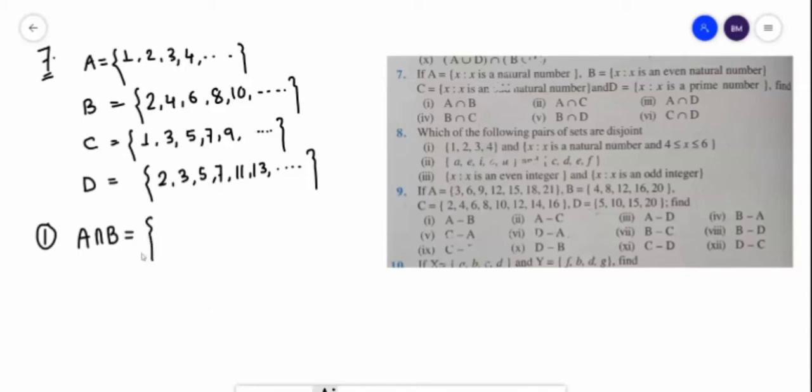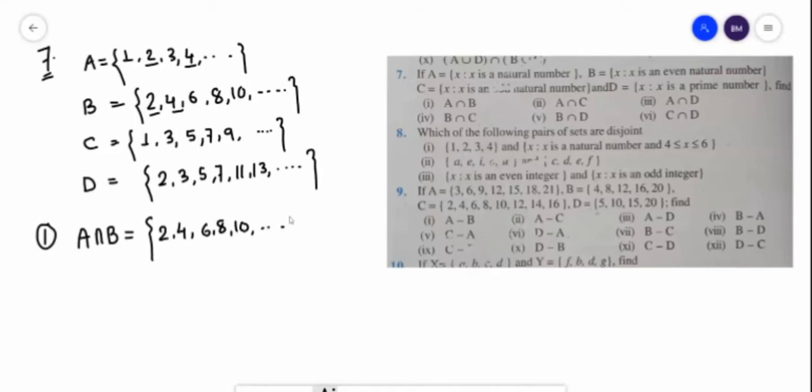A is the set of all natural numbers. B is the set of even natural numbers. So for A intersection B, we have to write the common elements. 2, 4, 6, 8, all the even natural numbers are there. A intersection B will be the set of all even natural numbers, 2, 4, 6, 8, 10 and so on.